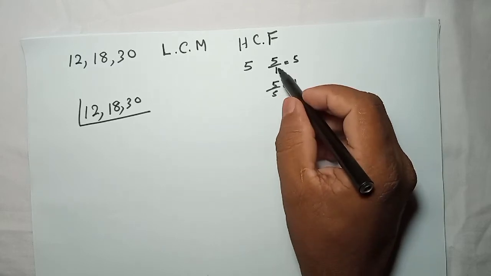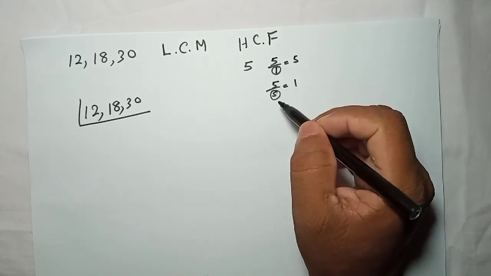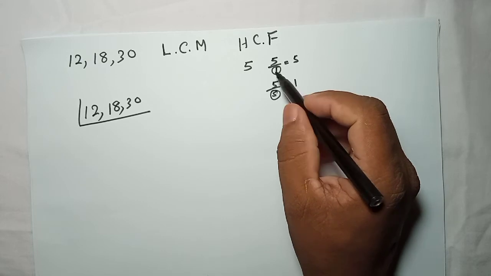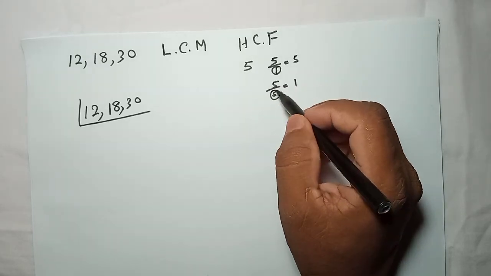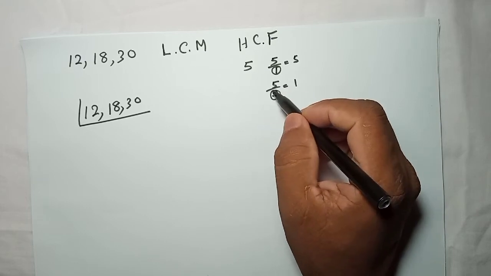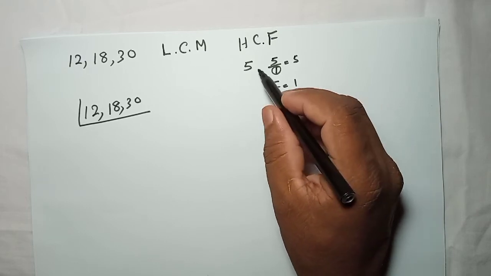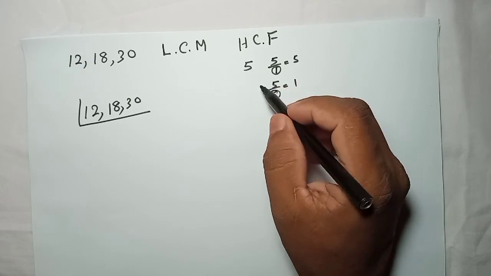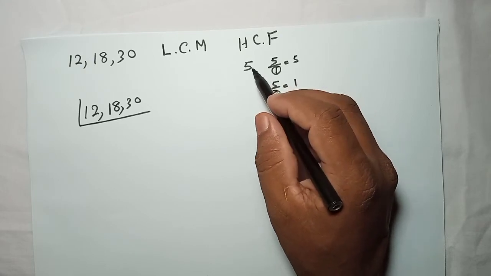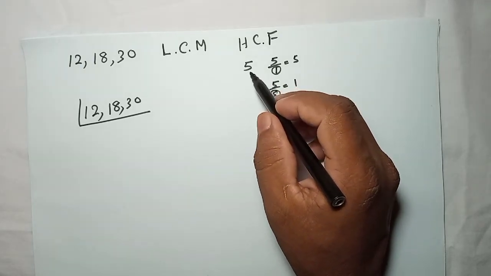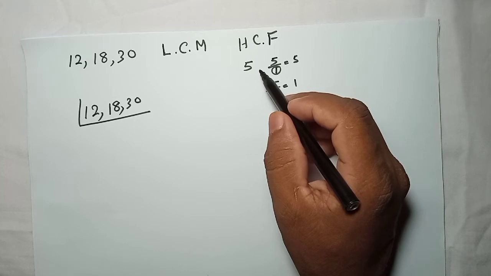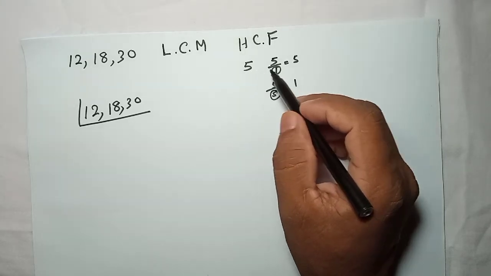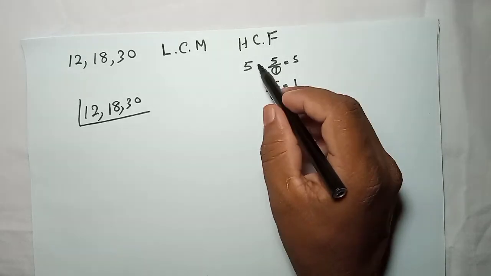So these are the only two numbers you can divide 5 by. That's why 1 and itself. There is no other number you can divide 5 by. If you check dividing by 2, no, you get a decimal. If you divide by 3, again you get a decimal. So these are the prime numbers.